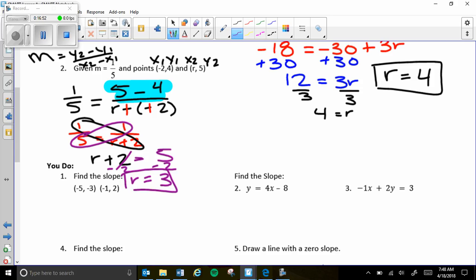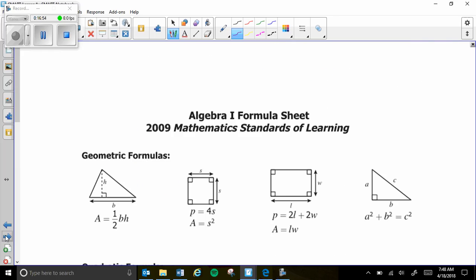Before we get to your you-dos, we also need to fill in our formula sheet. So we have a couple to add to our formula sheet today. The first one is HOI-BUCS.